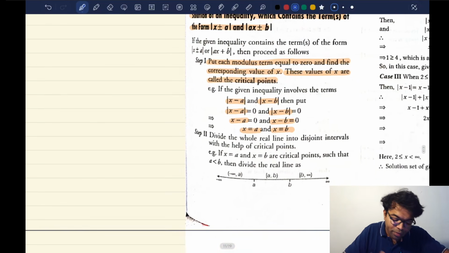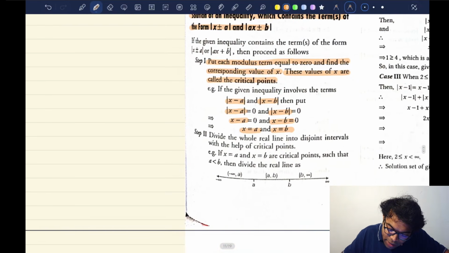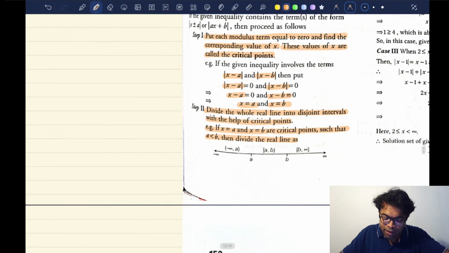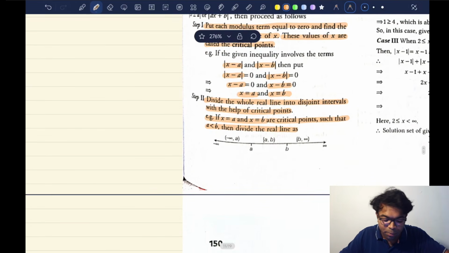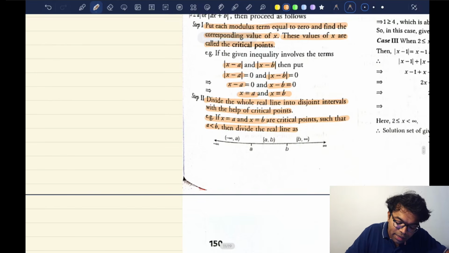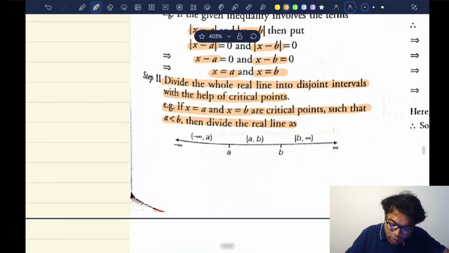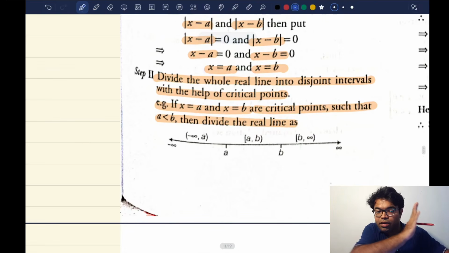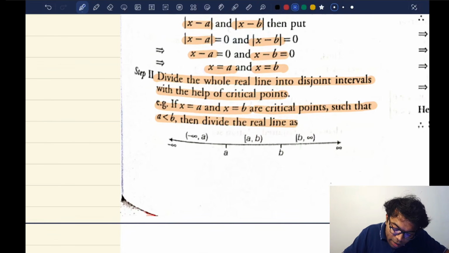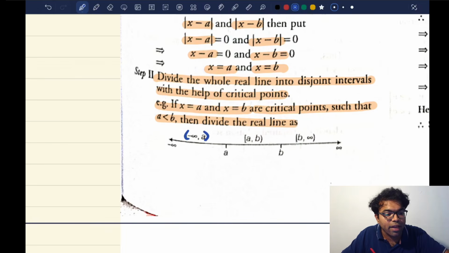After this, divide the whole number line into disjoint intervals with the help of critical points. If x is equal to a and x is equal to b are the critical points, you will have such a number line. Now Drupad, how do you create a number line? You will always create it with this in mind. From left to right, the first interval has both open brackets.